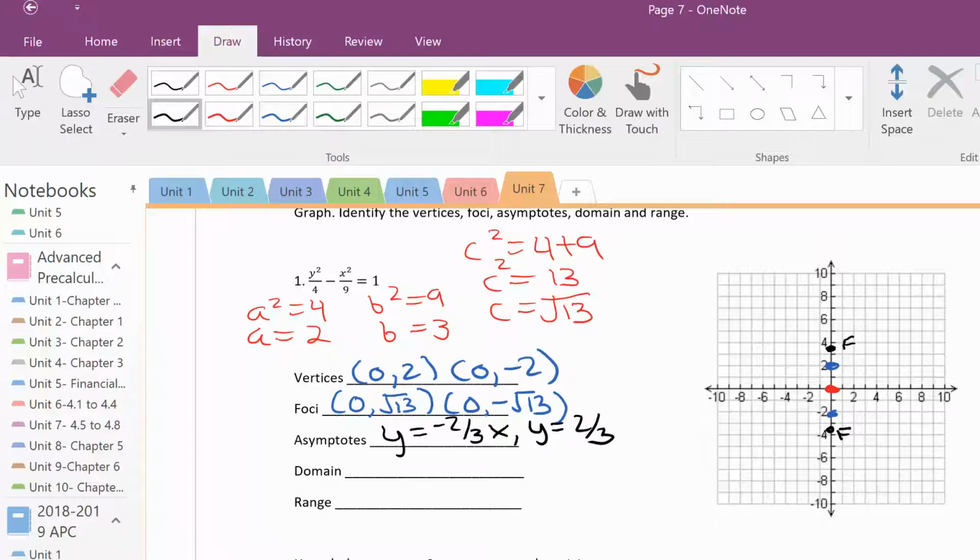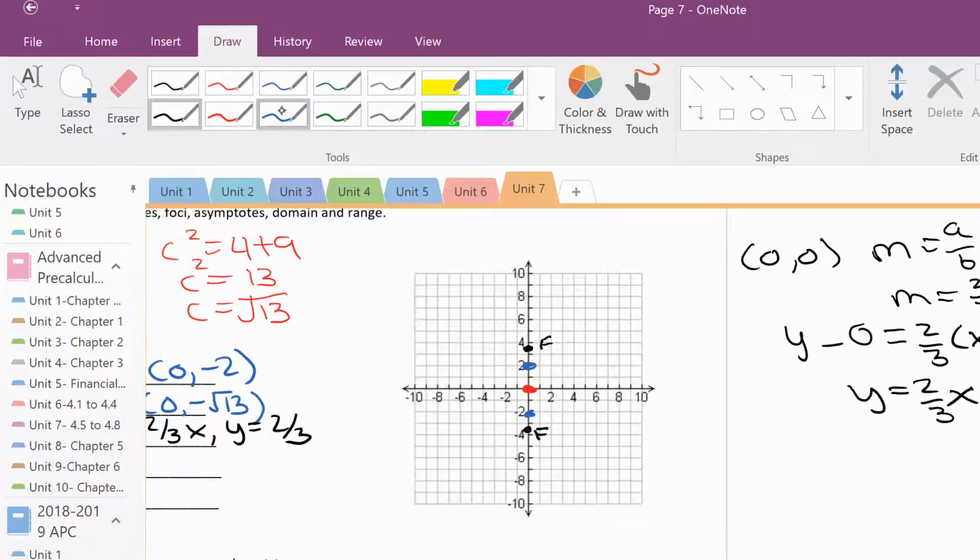But remember, the best way to draw it would be to use the b term, and remember the b term was 3, so if I put the dots here and here, and if I draw the box, and then draw the asymptotes through the center and the corners of the box.